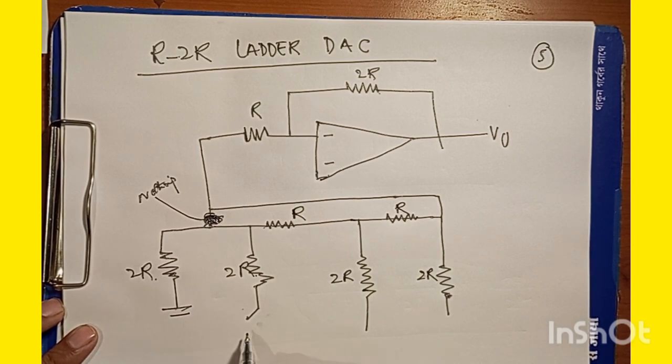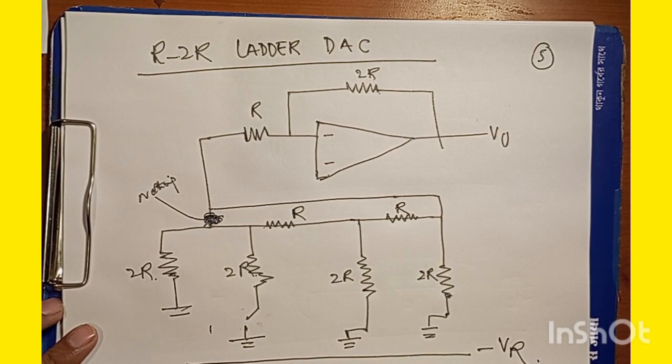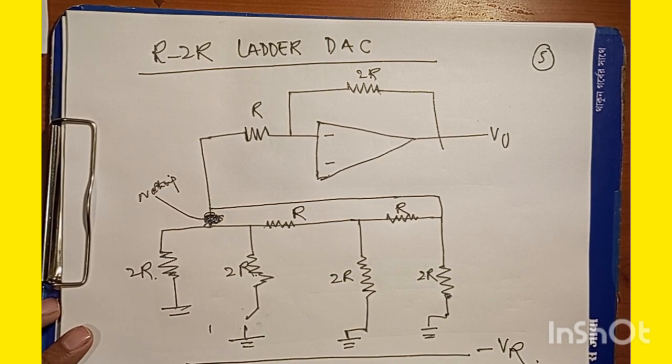So in every case we have a ground available, and we have minus VR. So this is the circuit diagram for the R-2R ladder digital to analog converter.